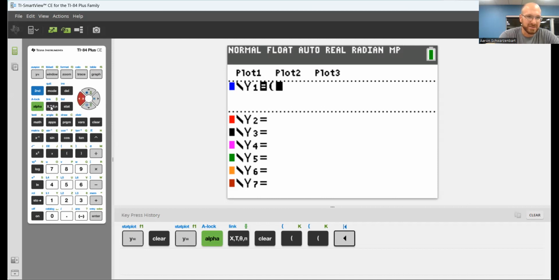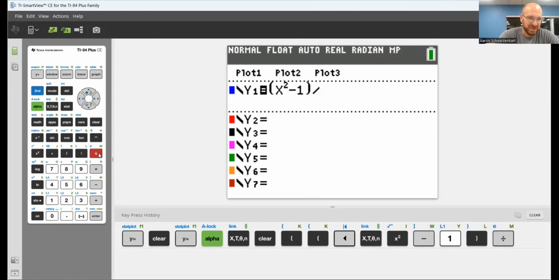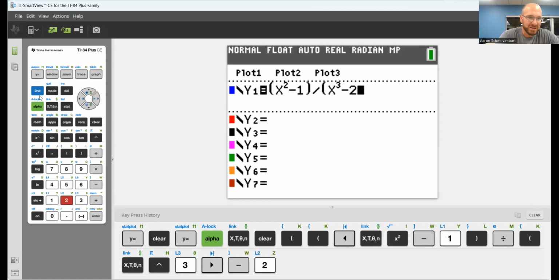So I'm going to do x squared minus 1, close my parentheses, divided by my denominator. I'm just entering the original because I can: x to the third minus 2x squared.